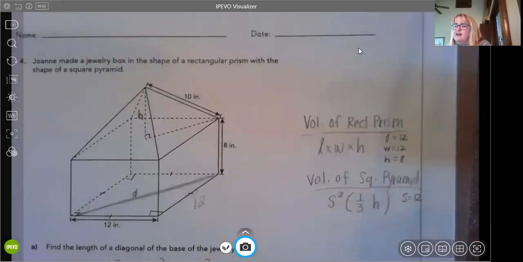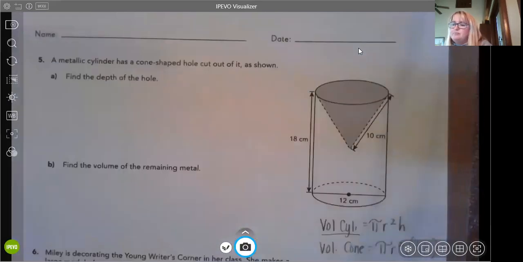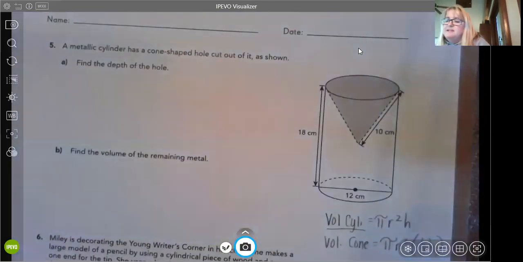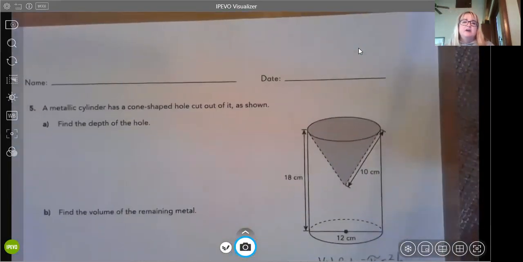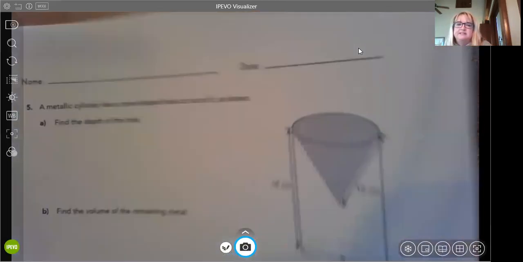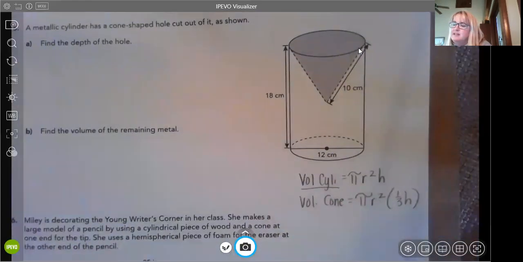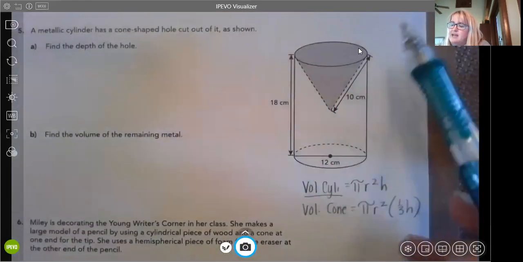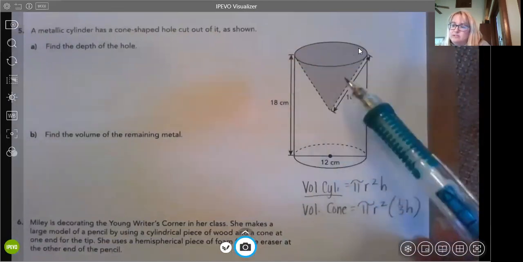All right, number 5, last one. A metallic cylinder has a cone-shaped hole cut out of it, as shown. Find the depth of the hole and then find the volume of the remaining metal. Okay, since we're dealing with volume, this is a cylinder and a cone is cut out.